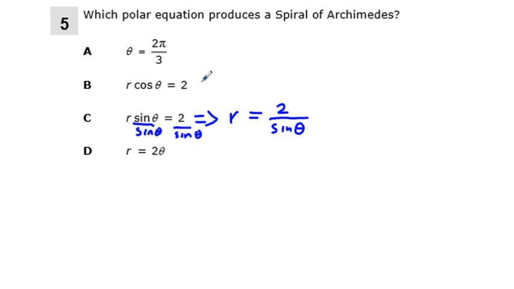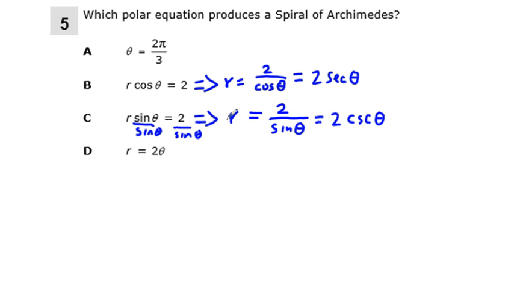And similarly, for answer choice B, we're going to get r equals 2 over cosine theta. We can graph these as is, or we can rewrite these using the reciprocals. We rewrite this as r equals 2 secant theta. And this one below is going to be r equals 2 cosecant theta.